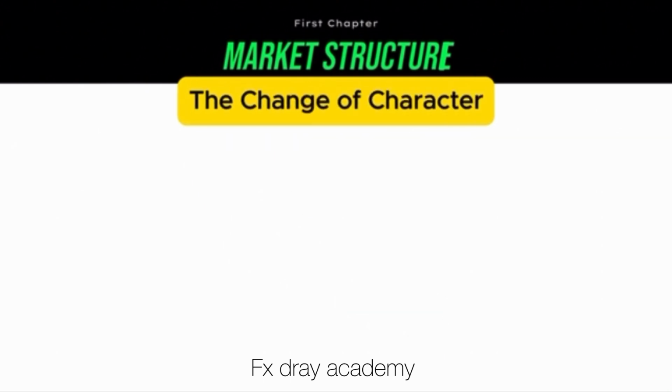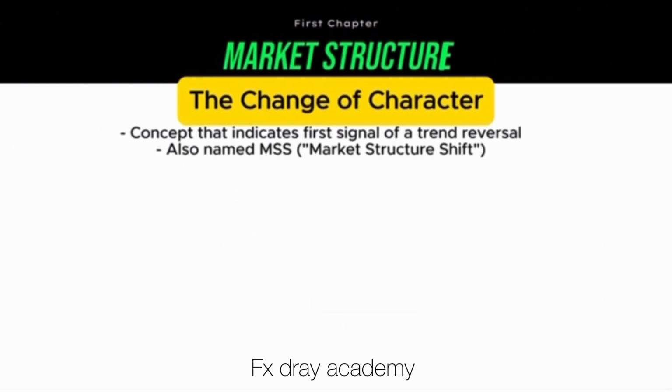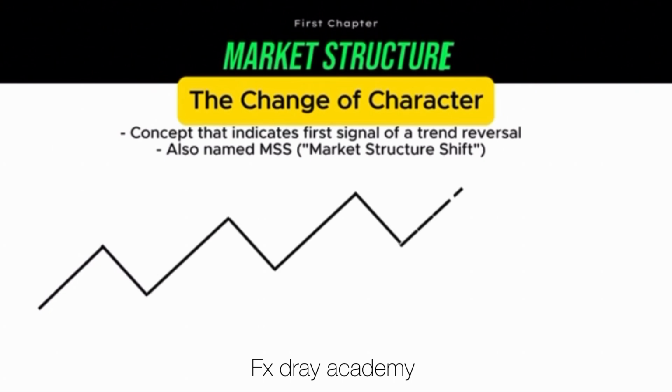And change of character. Here I'll be teaching you guys about change of character. Change of character is a concept you use in understanding market movements, where markets switch from an uptrend to a downtrend. As you can see, the market has been breaking highs before breaking the recent low.